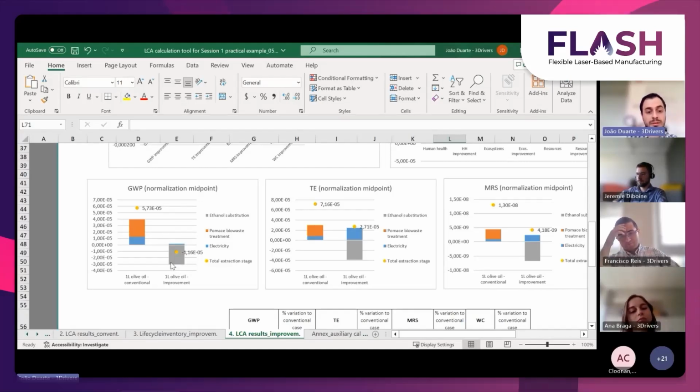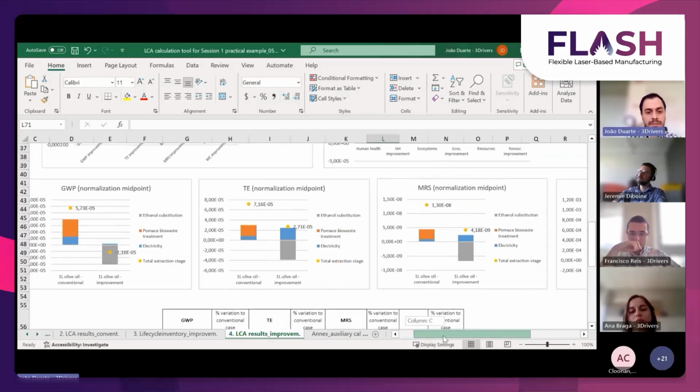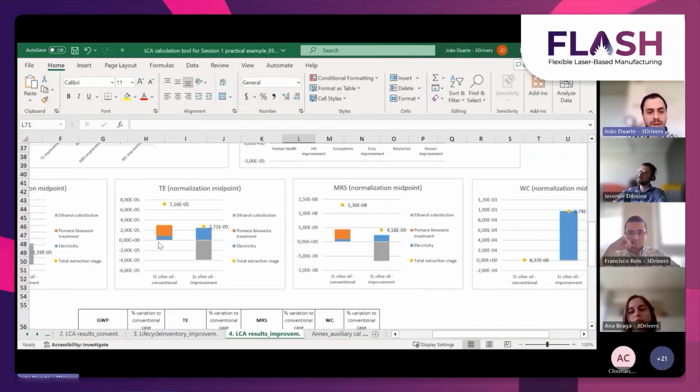And in this case, the stage for olive oil production ends up with a negative value, meaning that in the end we have an environmental benefit in this process, and the same can be seen for the other impact categories. So you can see that ethanol has a significant improvement in the environmental impacts, and removes the impacts associated with the treatment of the biowaste.